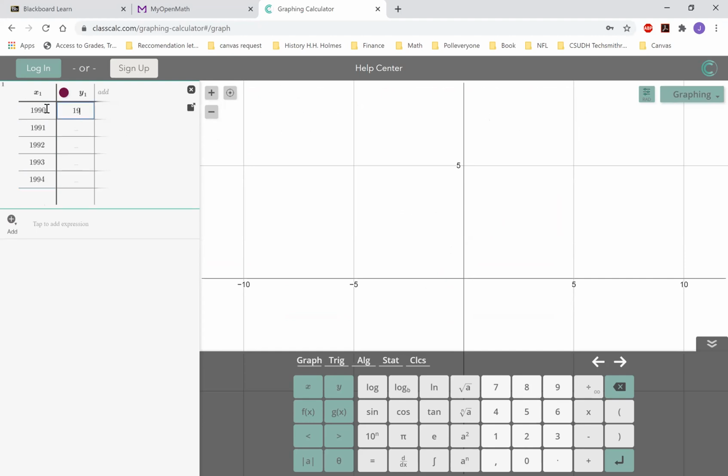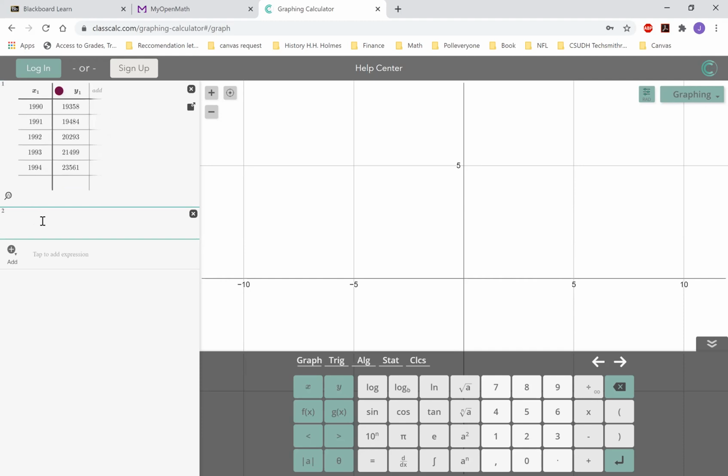Then for Y1: 19,358, 19,484, 20,293, 21,499, and 23,561.